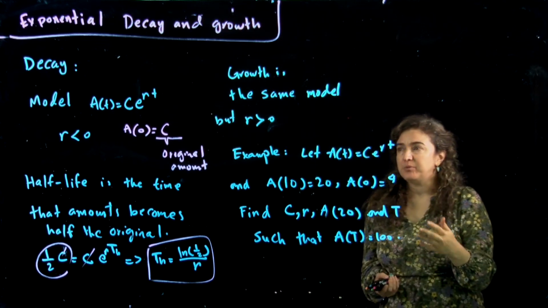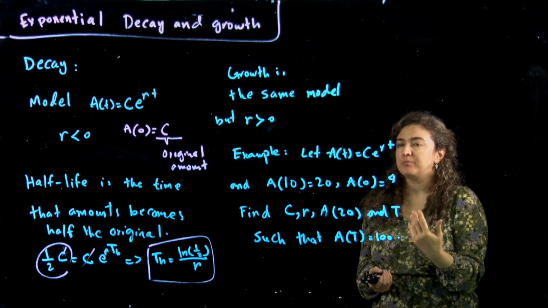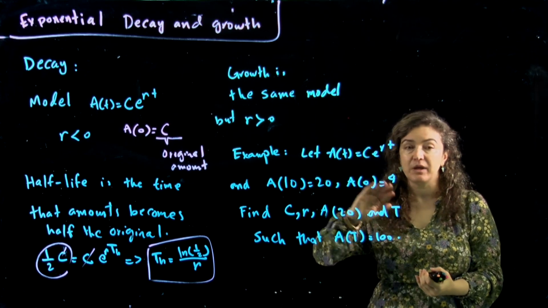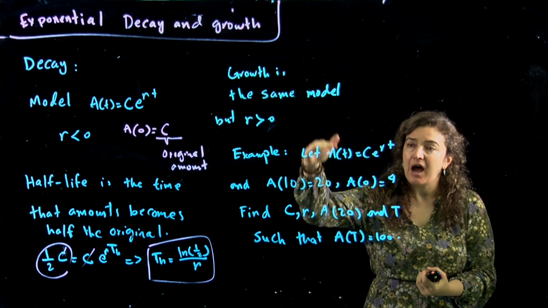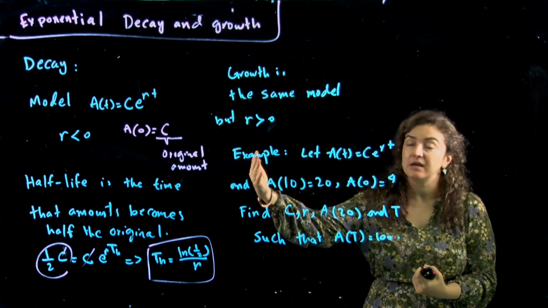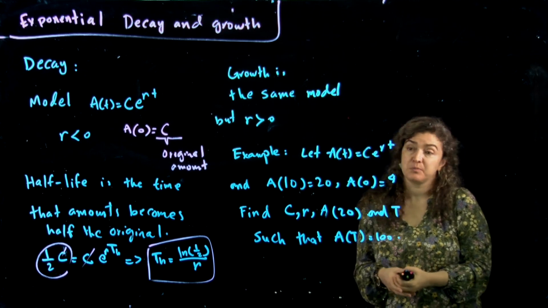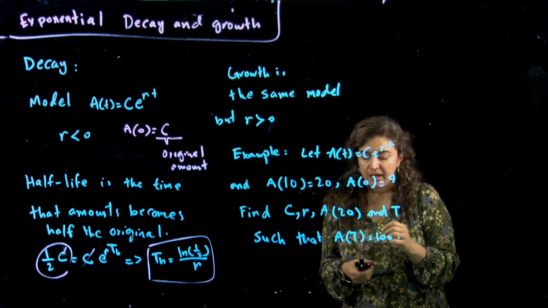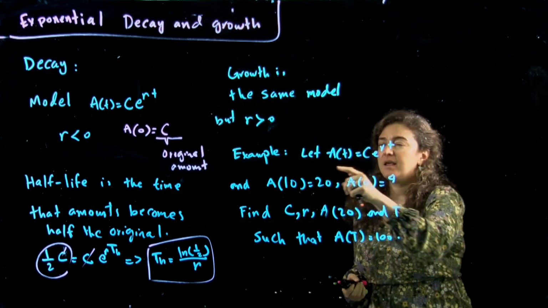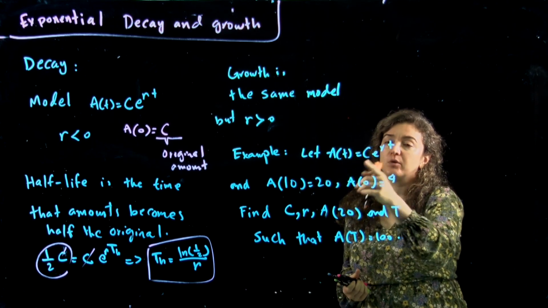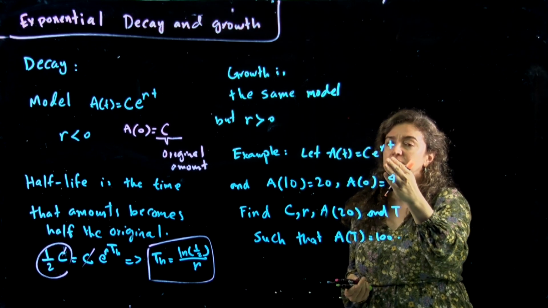Let's do one example of a calculation and how we deal with the algebra before doing an exponential decay problem. So let's start with the model A(t) = c e^(rt).